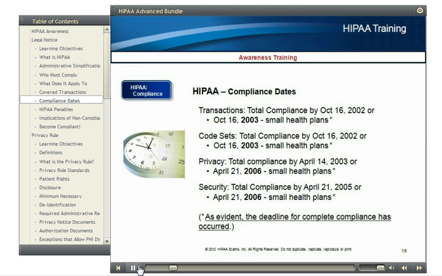Privacy, total compliance by April 14, 2003, or April 21, 2006, small health plans. Security, total compliance by April 21, 2005, or April 21, 2006, small health plans. As evident, the deadline for complete compliance has occurred.